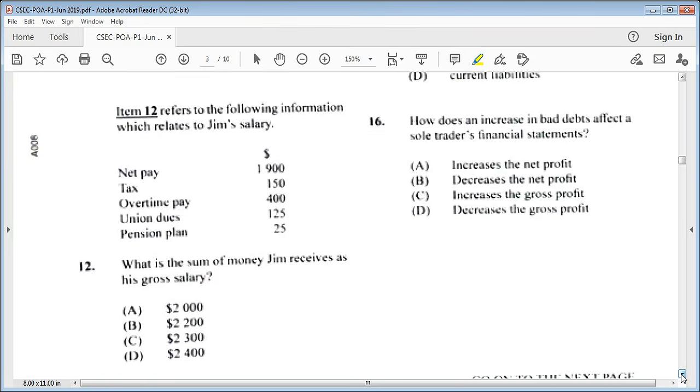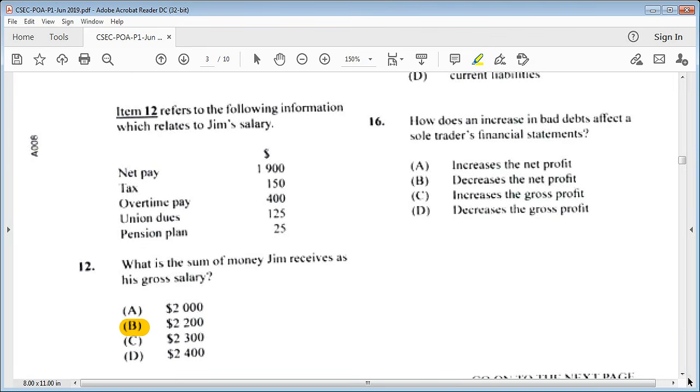A, $2,000, B, $2,200, C, $2,300, or D, $2,400. So what we do, we add net pay plus the tax plus union dues plus pension plan. So $1,900 plus 150 plus 125 plus 25, we get $2,200. B would be our answer.